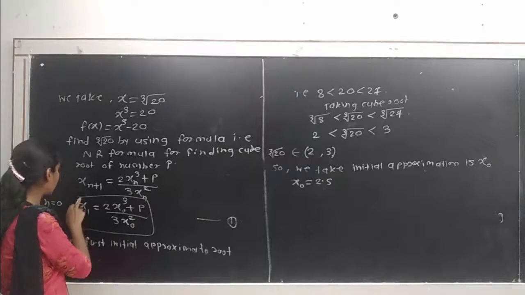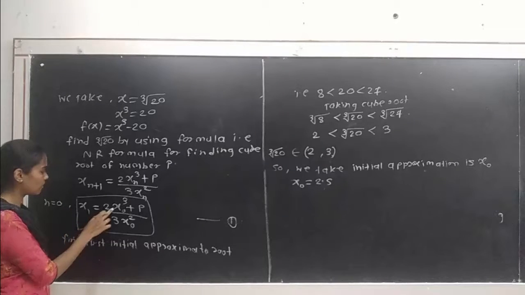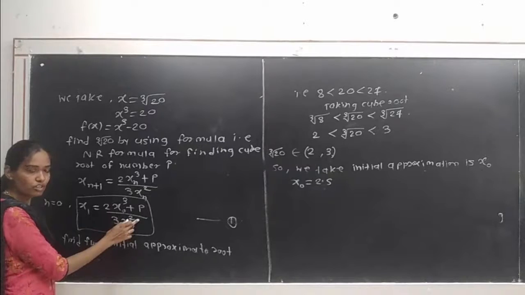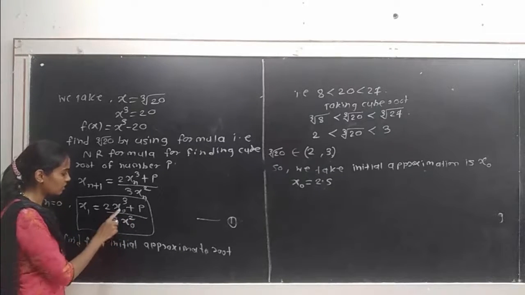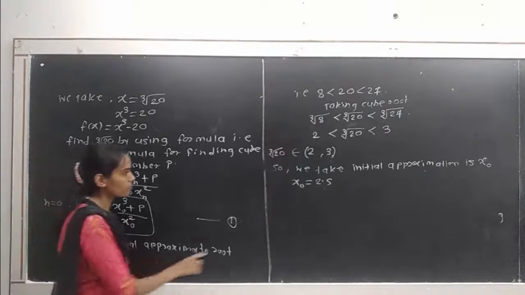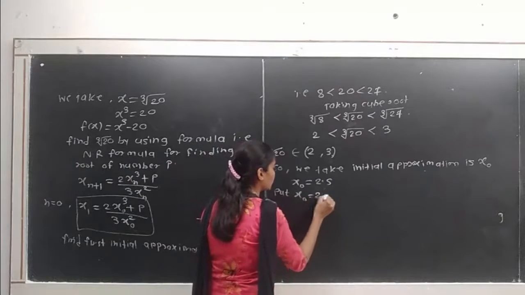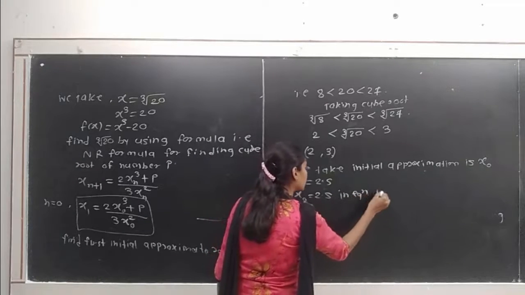In the formula, if we put n equal to 0, we get x1 = (2x0³ + p) / (3x0²). So we put x0 equal to 2.5 in equation number 1.